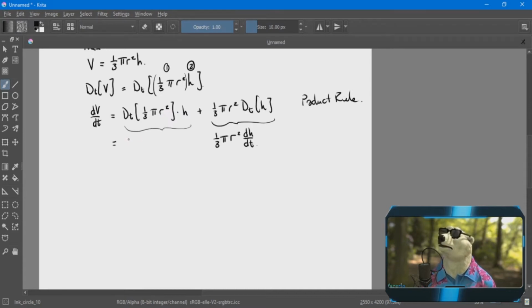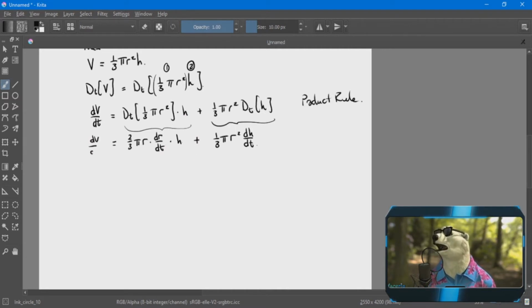So I have to take the derivative of the outside function, which is the first part of the chain rule, which is going to be 2/3 pi r by the power rule, times the derivative of the inside function, which is r, so dr/dt, and then I still have this h that was just waiting for the whole thing to be done. And then, of course, my plus in the middle.